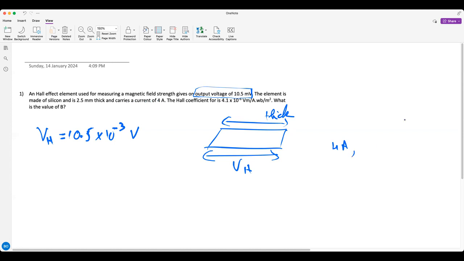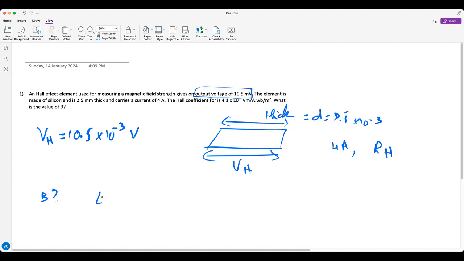The Hall coefficient R_H is given, and we are given the thickness, D, which is 2.5 times 10 to the negative 3 meters. The question is: calculate the magnetic field.